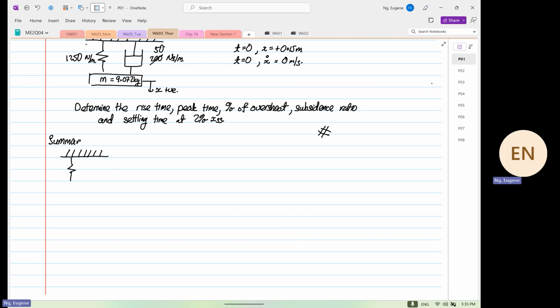And this should be in your summary sheet, if you are going to do a summary for this content. And then you have a damper, and then you have a mass. So this is your mass, this is your K, and this is your C. And we have to deal with this using a characteristic equation.